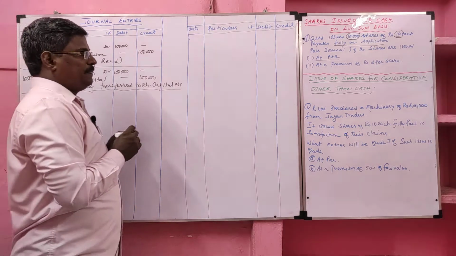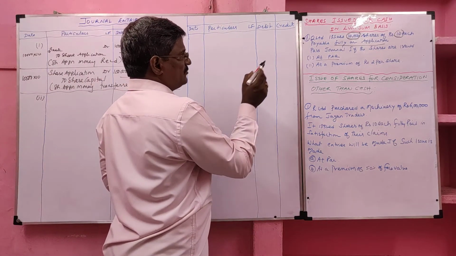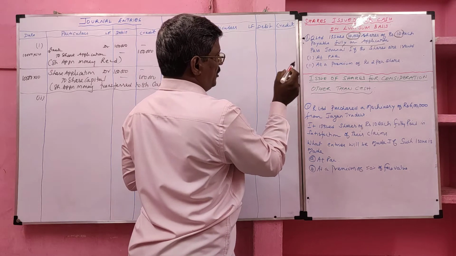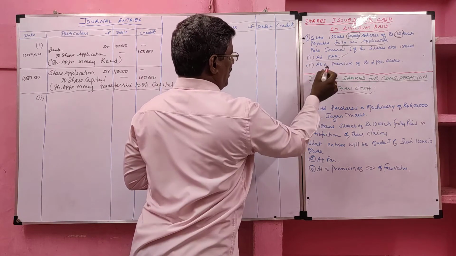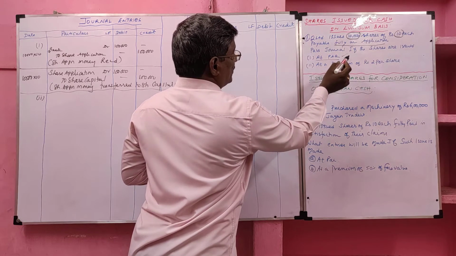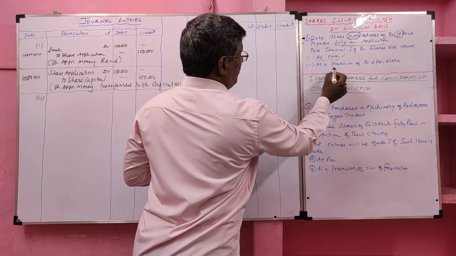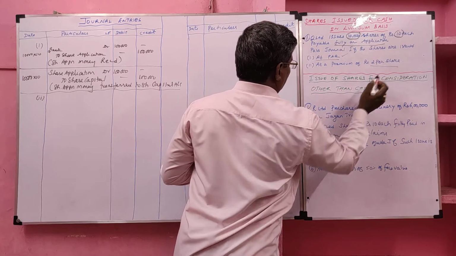Then case number 2. Q Limited issued 10,000 shares of rupees 10 each, payable fully on application. Pass journal entry if the shares are issued at par, we completed. Now if the shares are issued at a premium of rupees 2 per share.